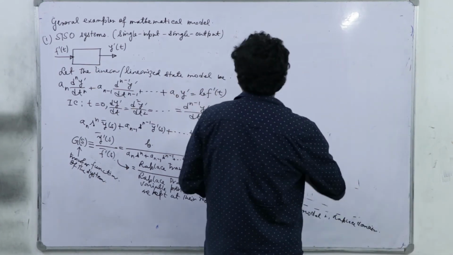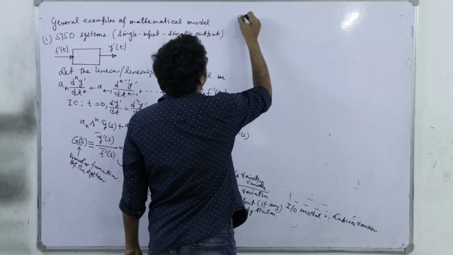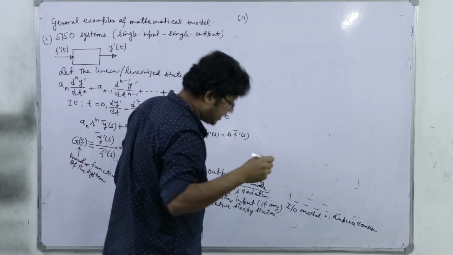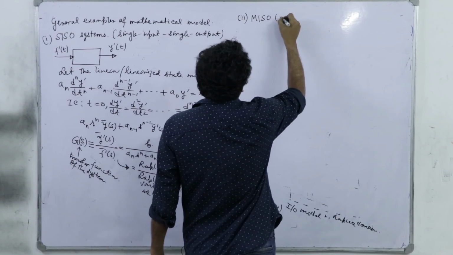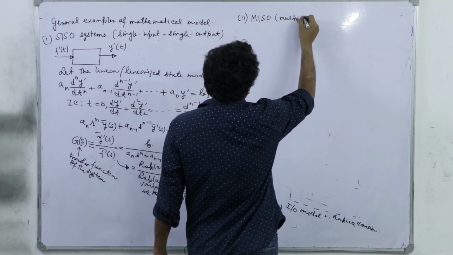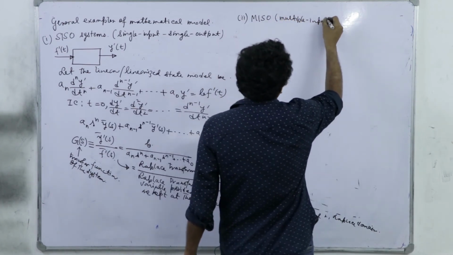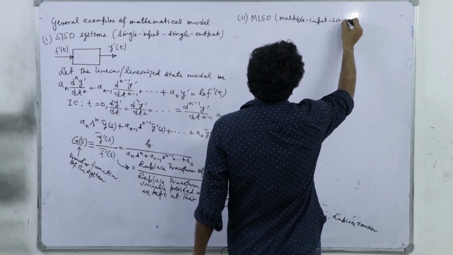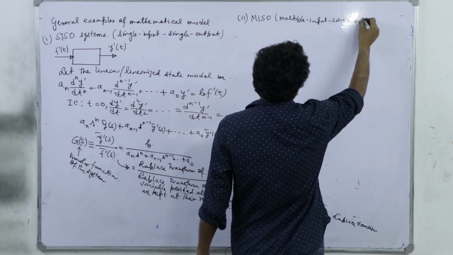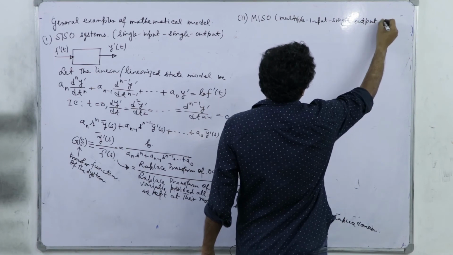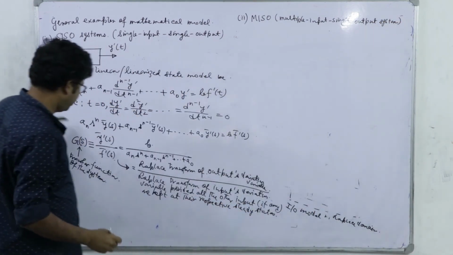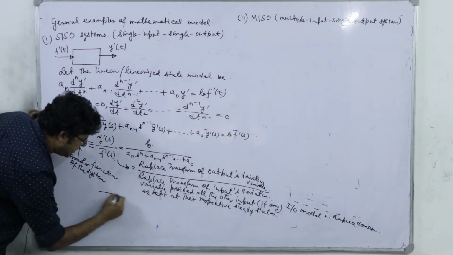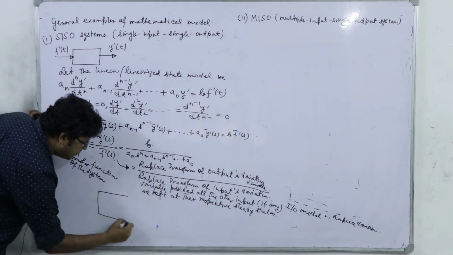So, second example, the second example is a MISO, multiple input single output system. Now, what I have missed here is a representation which is pretty elementary: how will you represent the input output model?